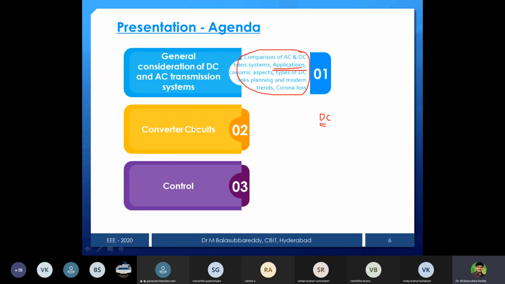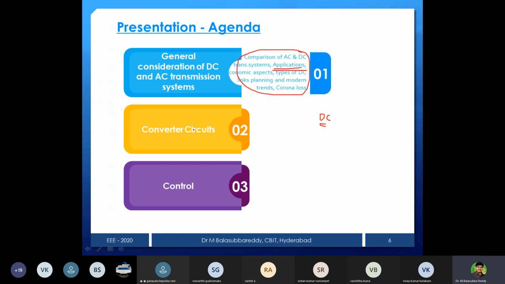So for these types of requirements, where such issues arise, we preferably go for DC transmission compared to AC transmission. These are some of the applications.